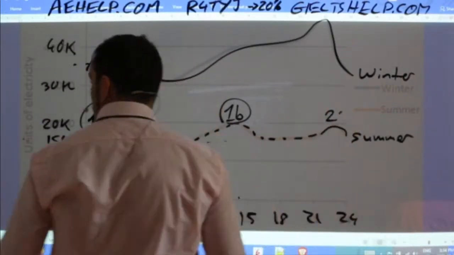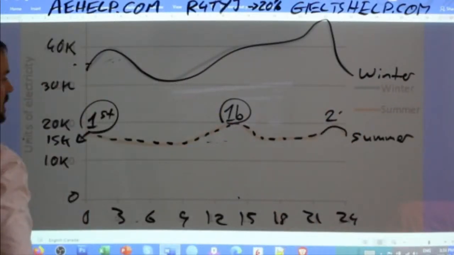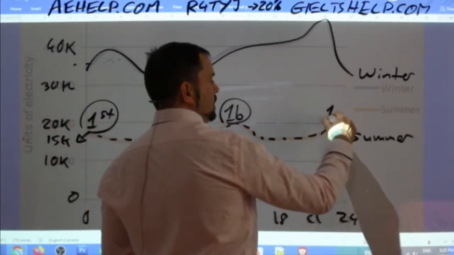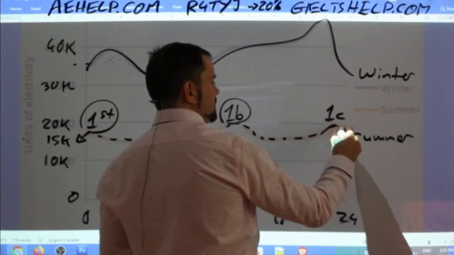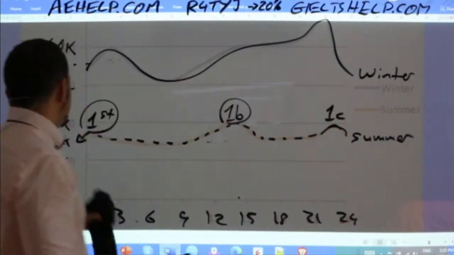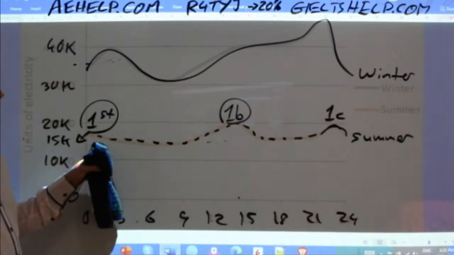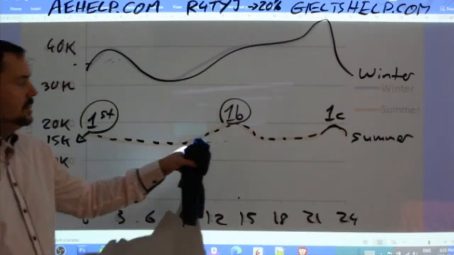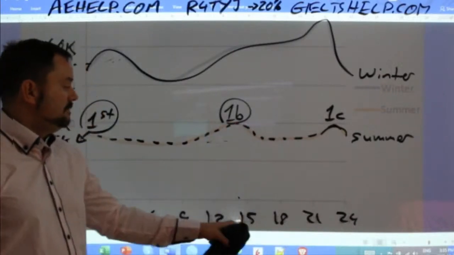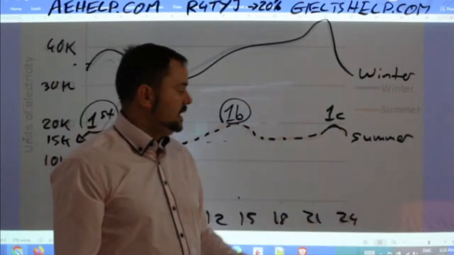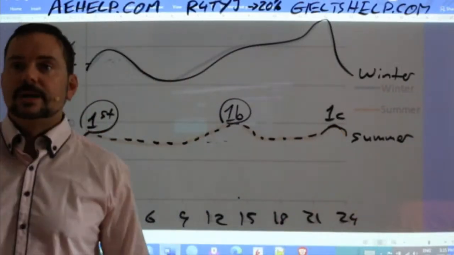This would be 1C. Okay, 1B meaning my first point B. This is my first point C. This second peak. Okay, and that's at 20,000. Okay. So at most of the day, it's at 15,000, and then it peaks at 1,500 hours or at 3 o'clock, 3 p.m., and at midnight in the summertime, right?